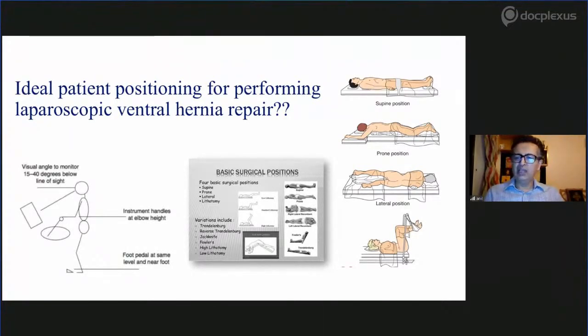Now, we had a problem in a patient who had lower limb weakness following that repair.